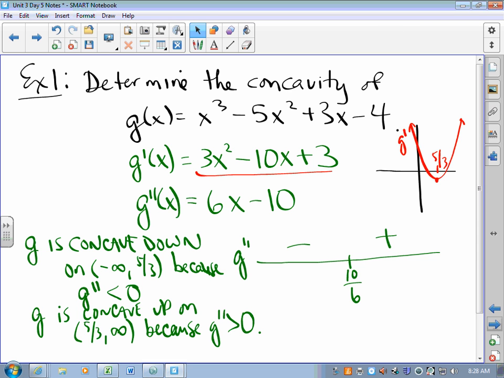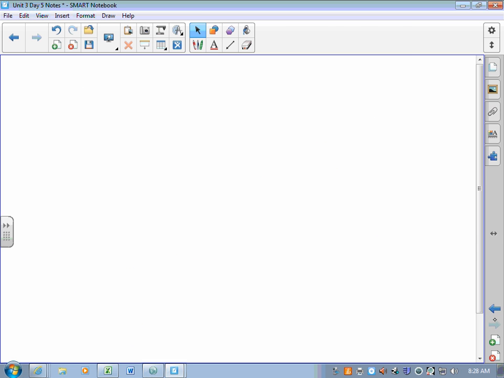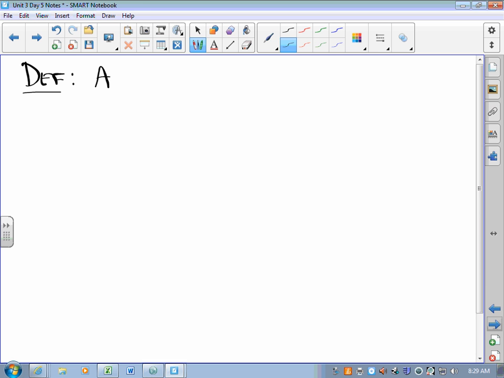G prime is decreasing to the left of 5/3, and g prime is increasing to the right of 5/3. So the concavity argument still works. So what does that make 5/3? Well, that makes 5/3 a point where the concavity changes. And a point where concavity changes is an inflection point.